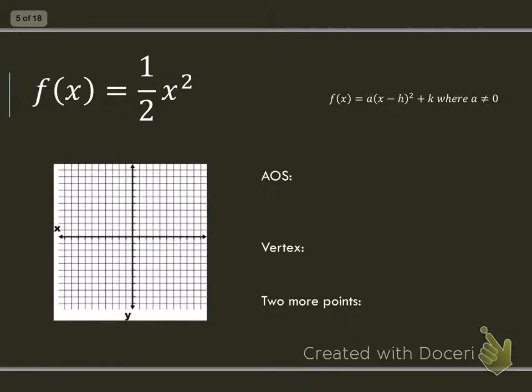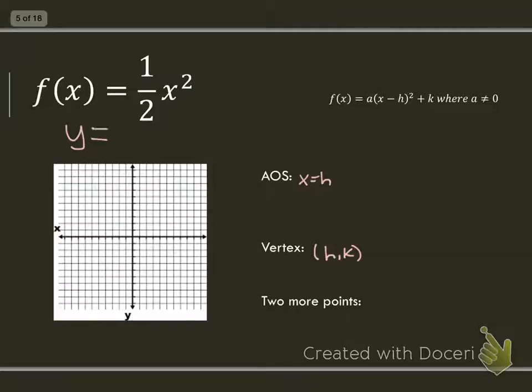Okay, so here's our first graph. So my AOS was always x equals h, and my vertex was h comma k. So in this, we need to make it look like our vertex form.